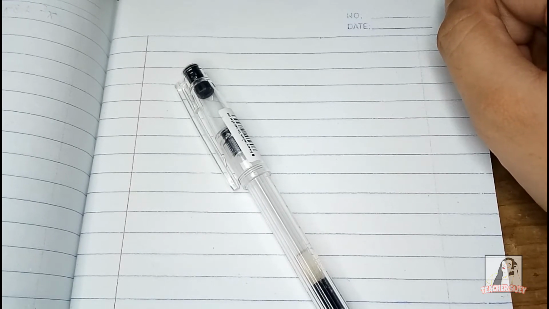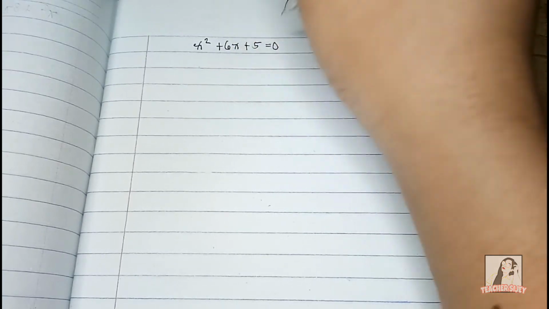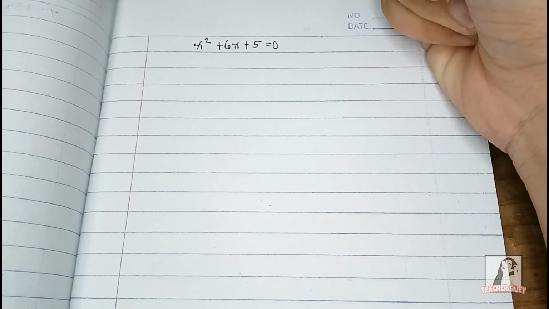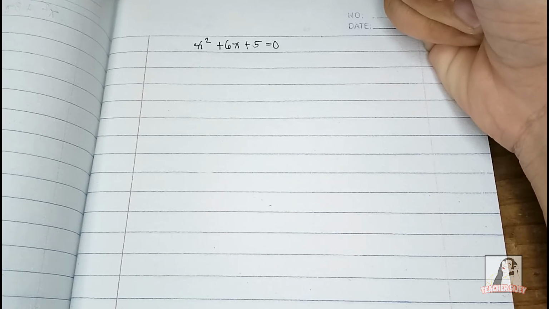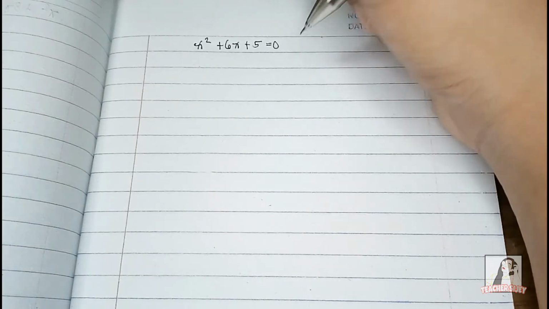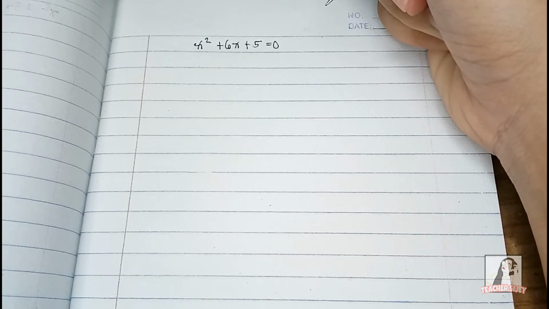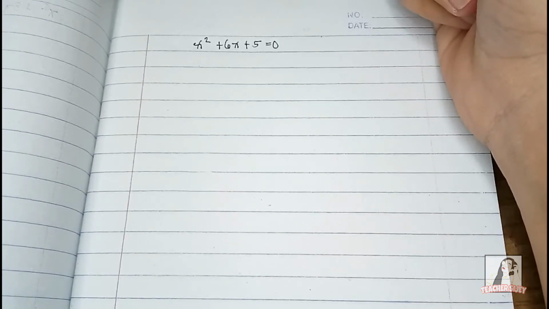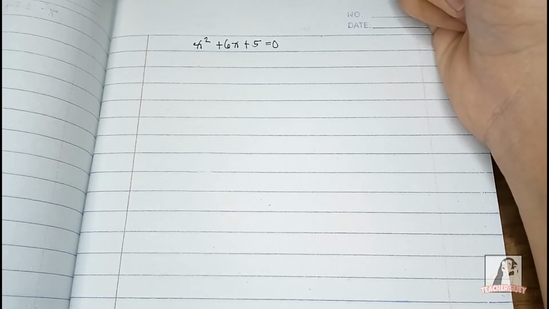For example, the equation x squared plus 6x plus 5 equals 0 cannot be solved by factoring since it is not factorable. In this case, we use another method called completing the square.